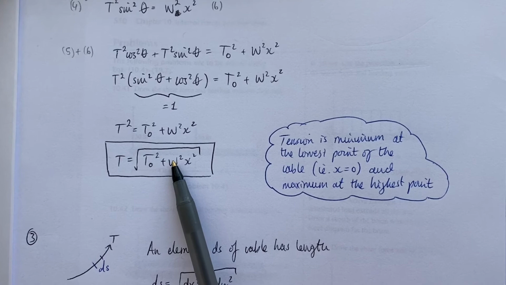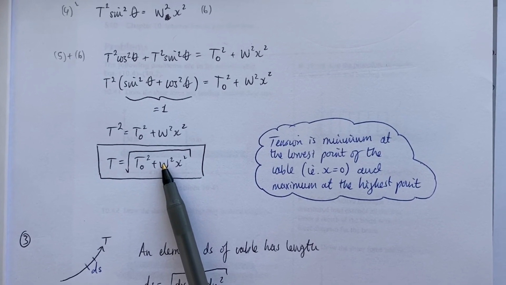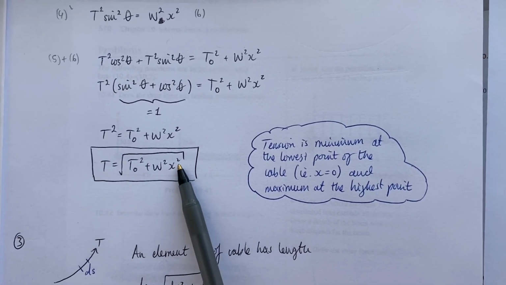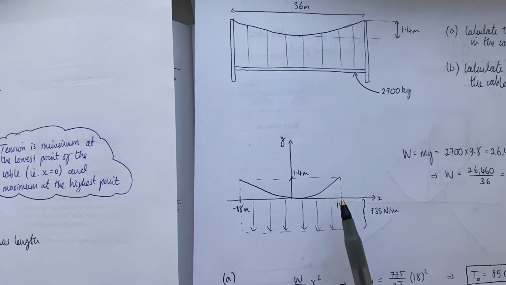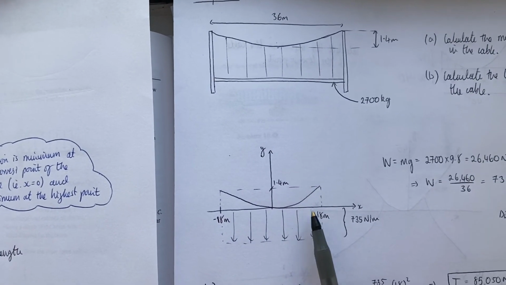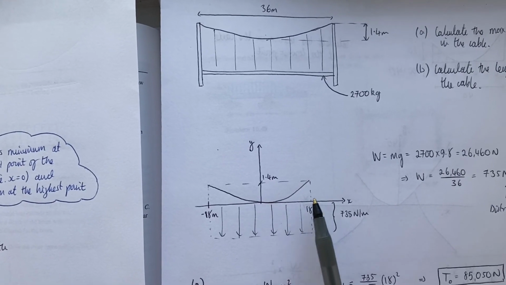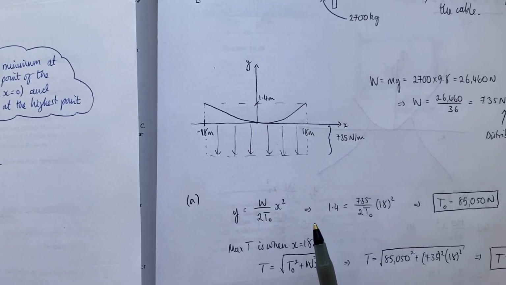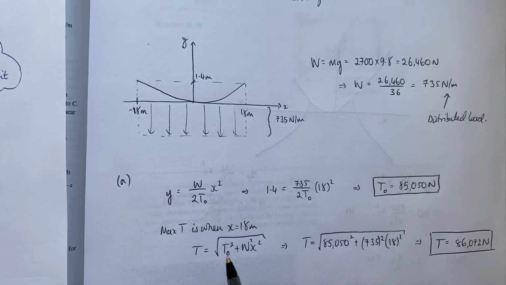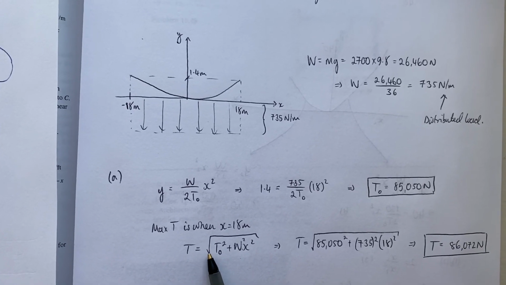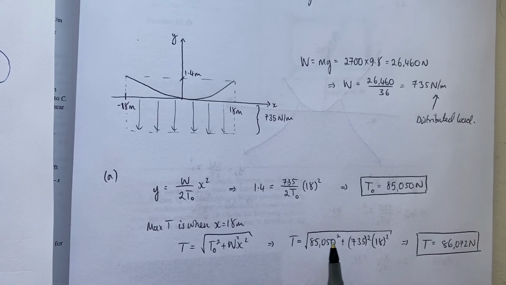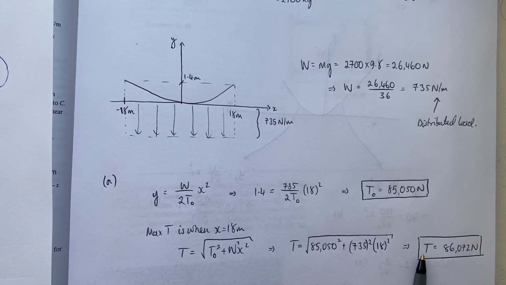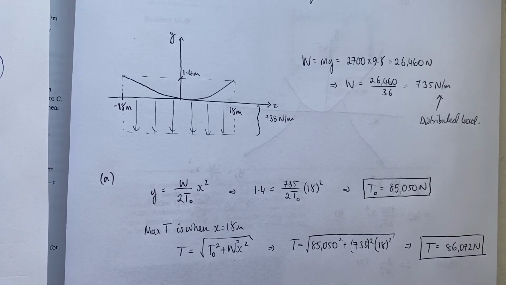I know this, and so I can find the tension T at any position x. So in my example over here, to find the maximum tension in the cable, I need to find tension T when x equals 18 meters. So that's exactly what I've done, I've used that equation and plugged in x equals 18. And I've found my tension as 86,072 newtons.